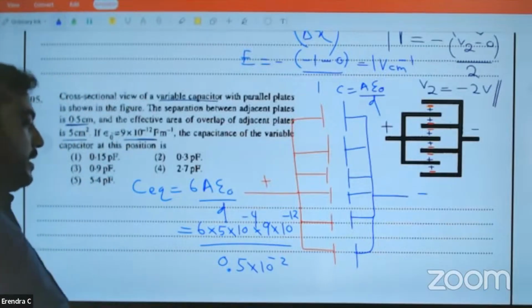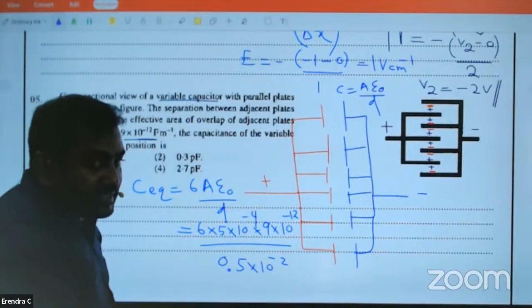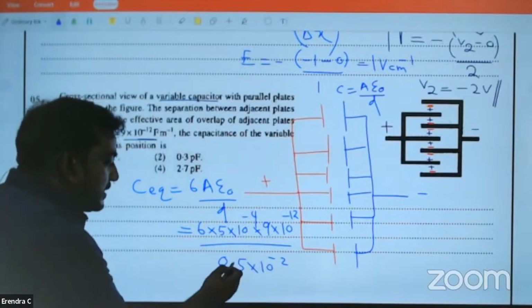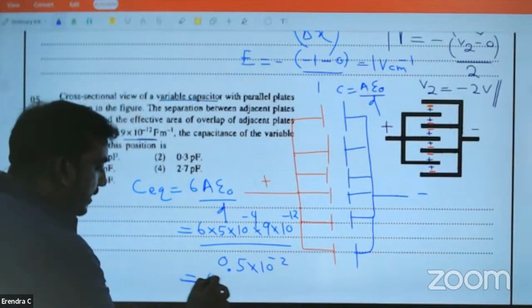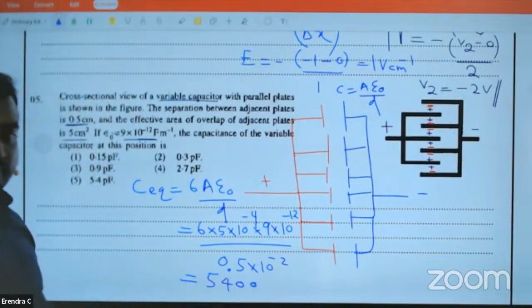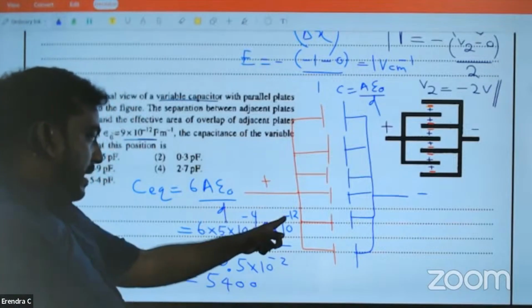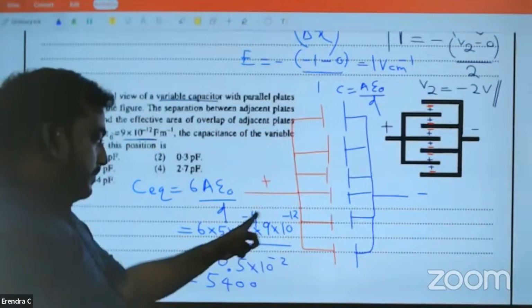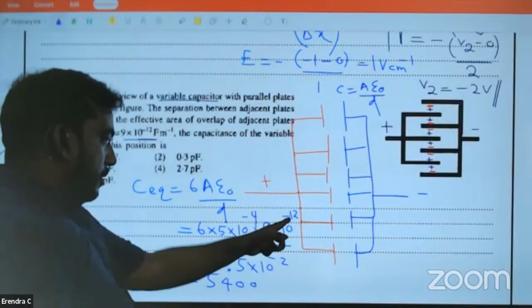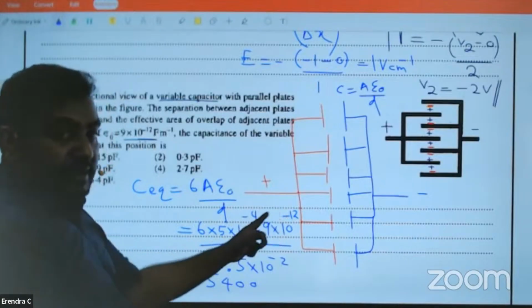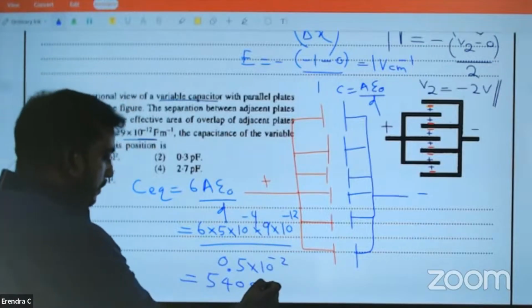Now 30 into 9, 270. 270 times 2, 540. Minus 4, minus 12, minus 16, plus 2, minus 14.